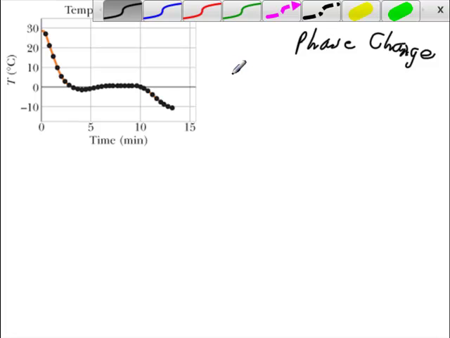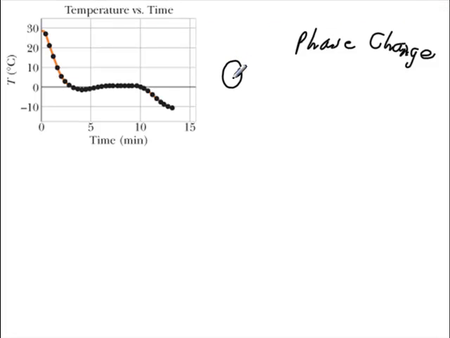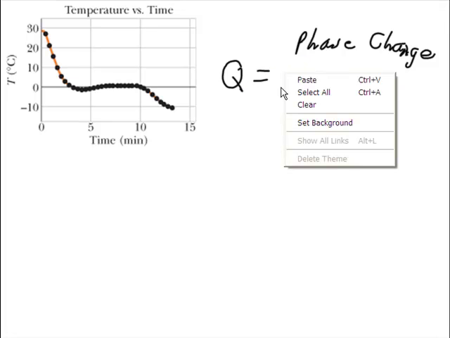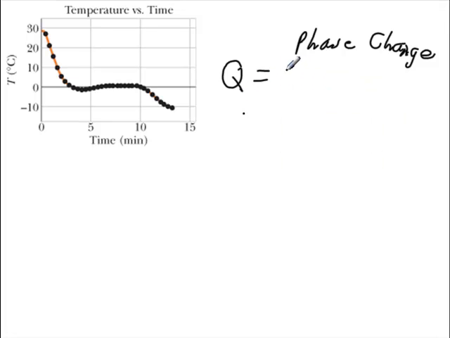And the formula is simply that the heat, or the energy in the heating process, is just the mass times the latent heat, or the heat of transformation. Sometimes people will put a plus or minus here.